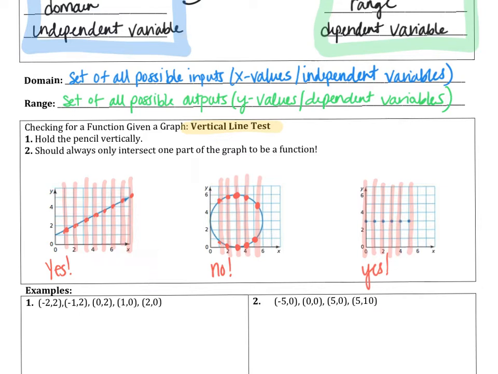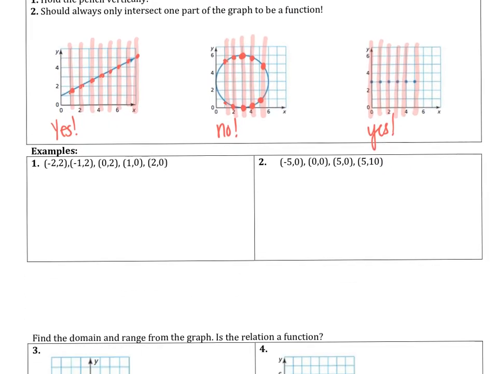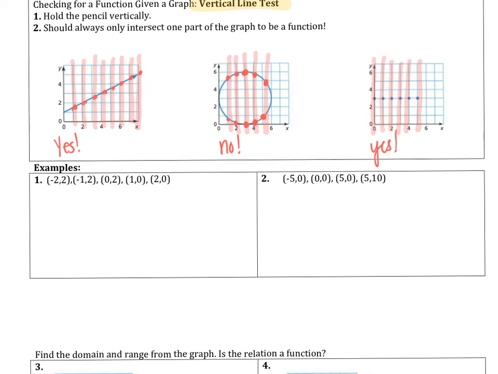Let's continue that train of thought down here. Here's an example. We're going to find out if these things are in fact functions. So what we're going to do is list out our inputs and our outputs.